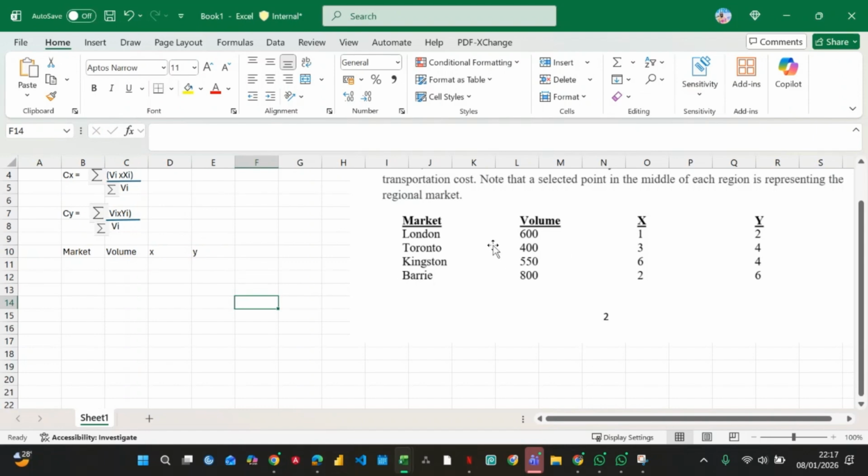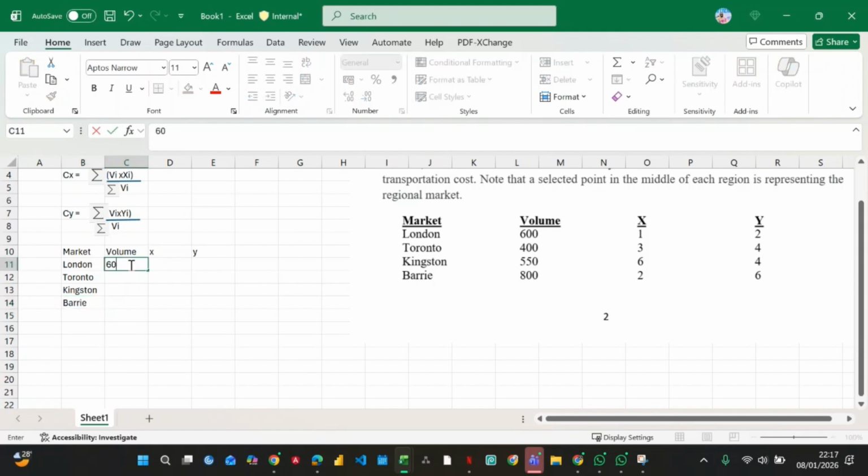But then we already have this. This is already here, but I just want to bring in the data so we can be using it. So this is London, and then we have Kingston, then we have Barrie. Okay, so the volume for this one is 600, 400.